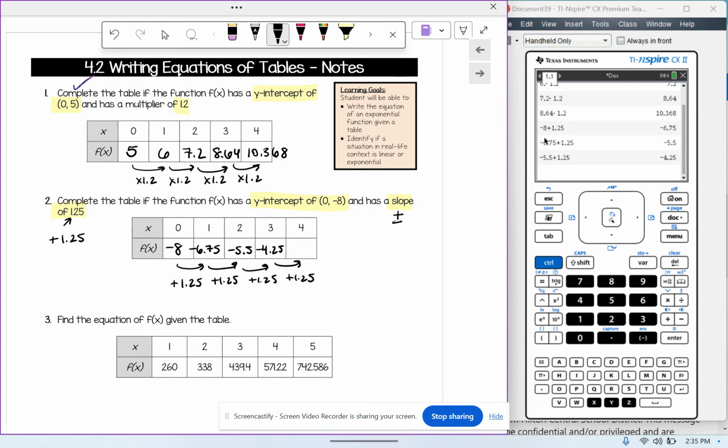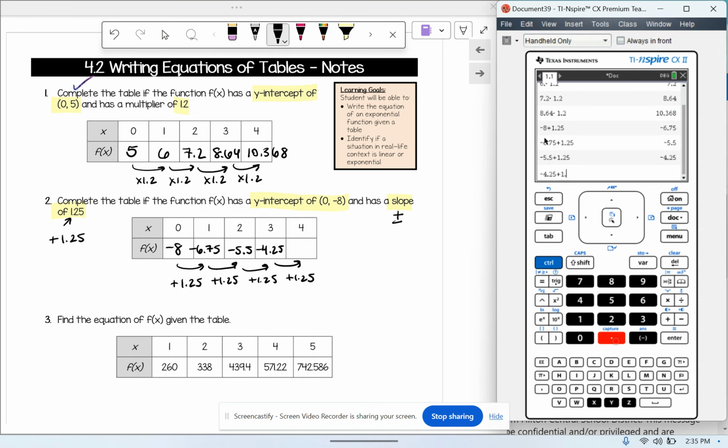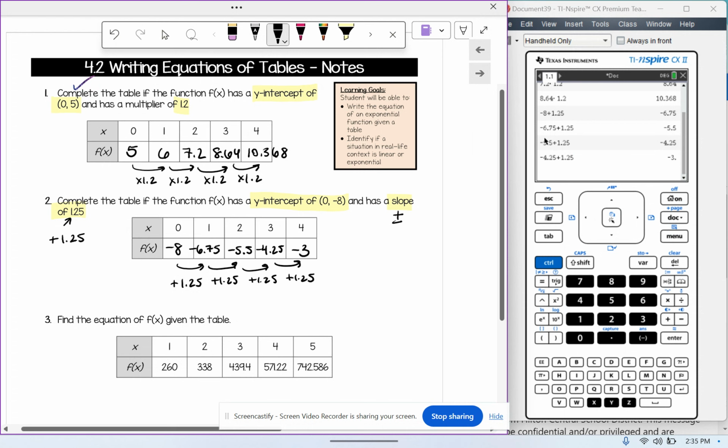And that is going to be -3. All I had to do here was complete the table, so I'm done. Let's go to question 3.